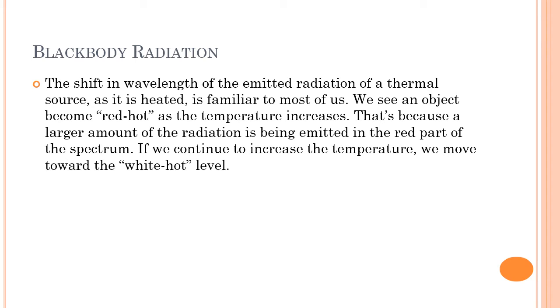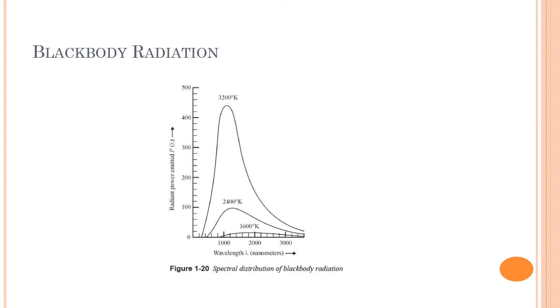So that does happen, and you can witness that in real life. So here's an example of those curves, and you can see that as the temperature gets higher, the power emitted gets higher also.